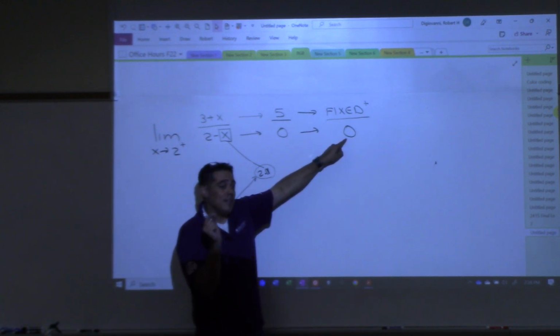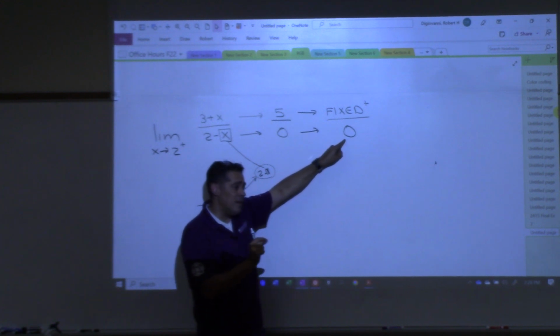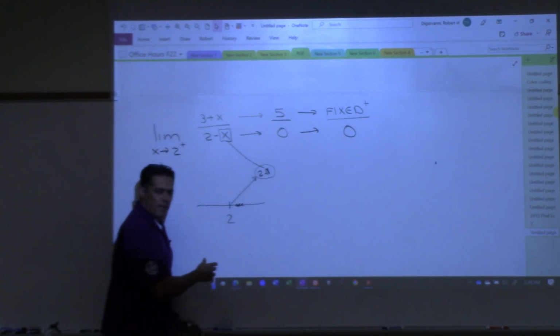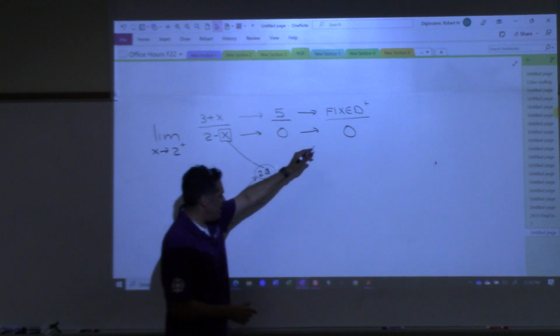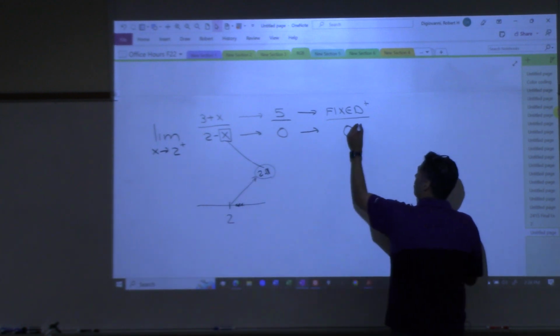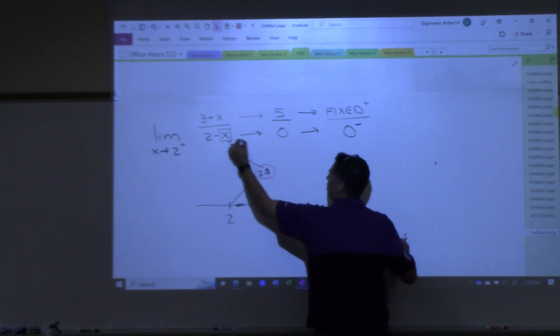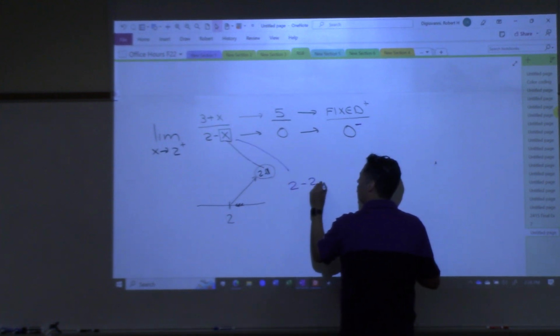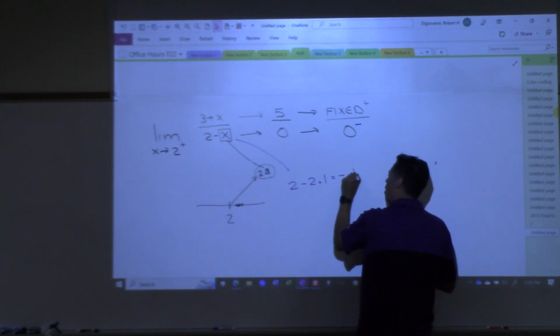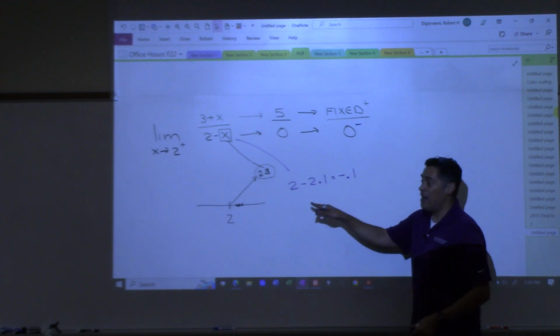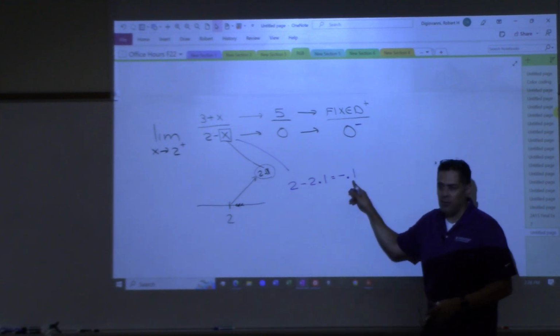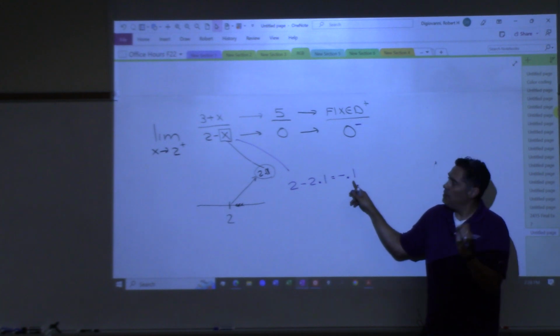The question was, is it going to 0 through positive or negative numbers? Y'all following me? So this is headed to 0 through little negative numbers, because 2 minus 2.1 would be negative 0.1, and that's a negative. And that would have worked for any number to the right. I would have always had a little negative piece left over.